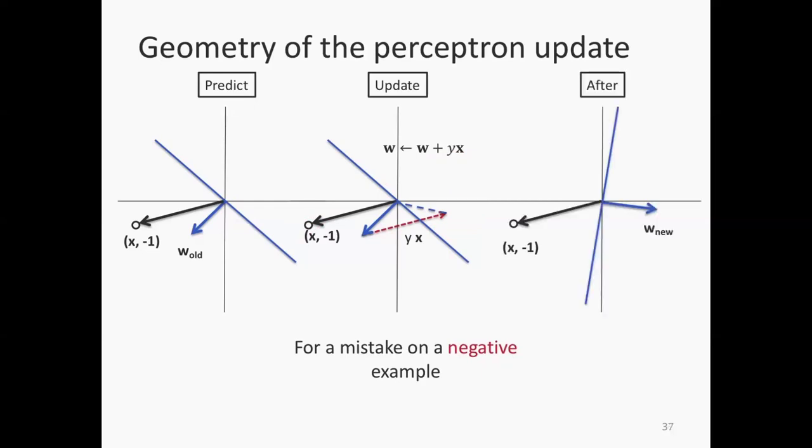So you have a new weight vector. More importantly, you have a new hyperplane that has been rotated. And it just so happens that in this cartoon example, the update is so extreme that after the update, the new weight vector places the example on the correct side. Any questions about this?